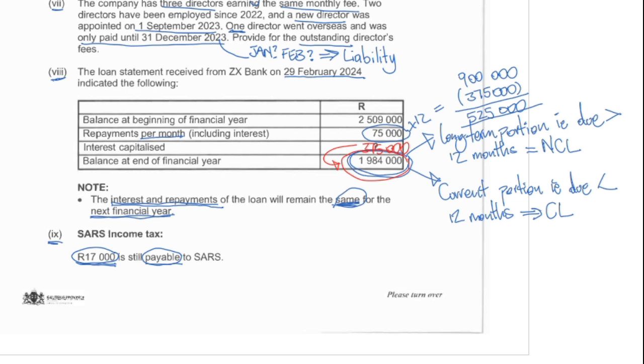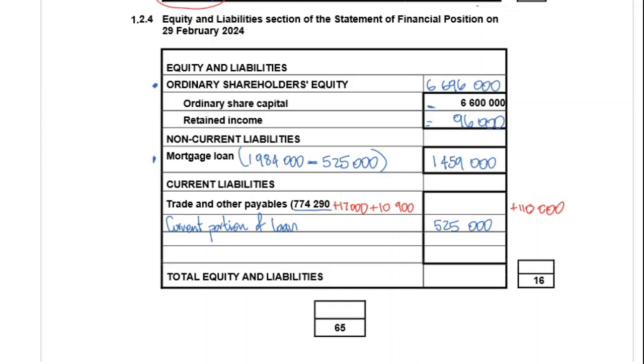So now we can add our trade and other payables up, and we get 774,290 rands plus 17,000 rands plus 10,900 rands plus 110,000 rands equals 912,190 rands.